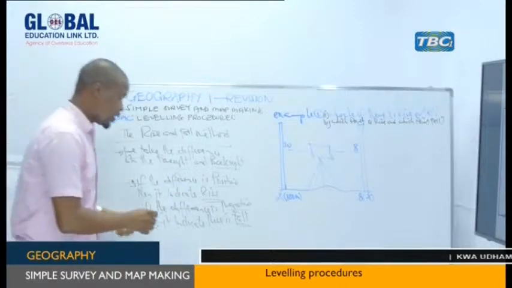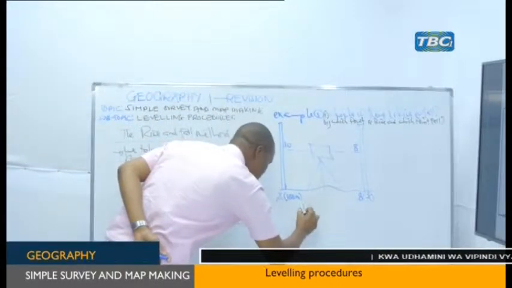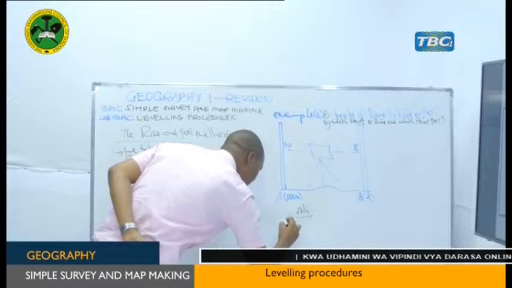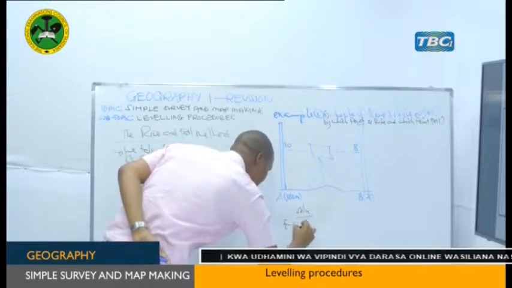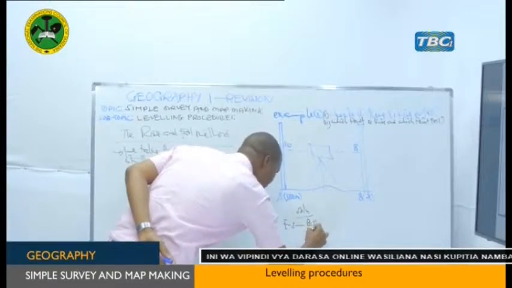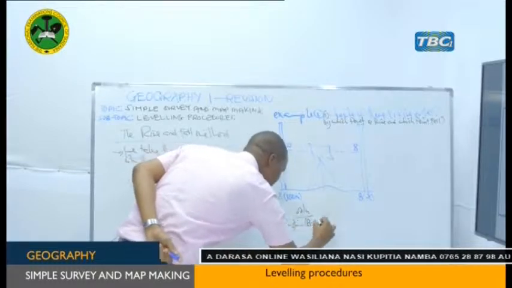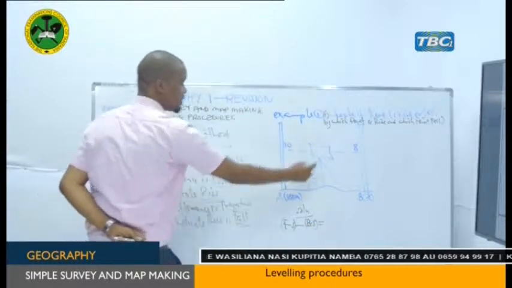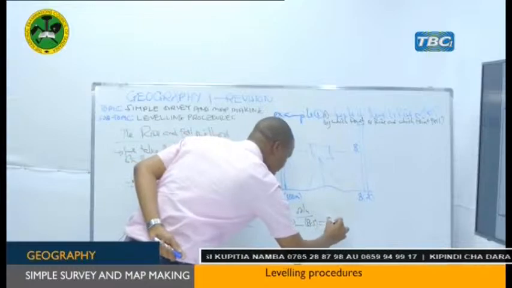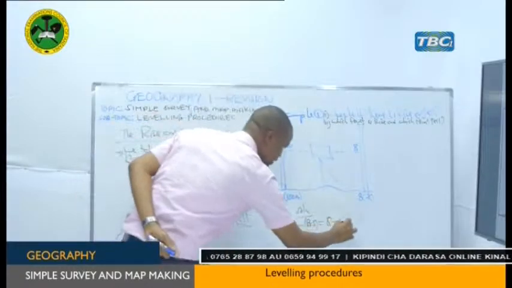Solution: we take foresight minus backsight reading. The foresight is 8 minus the backsight reading, which is 10.